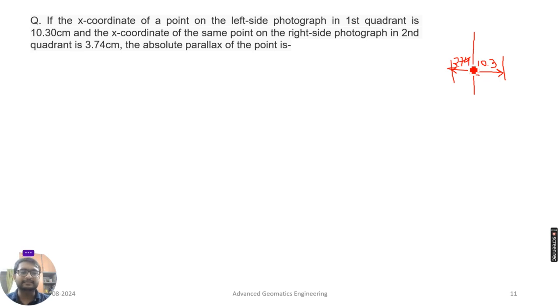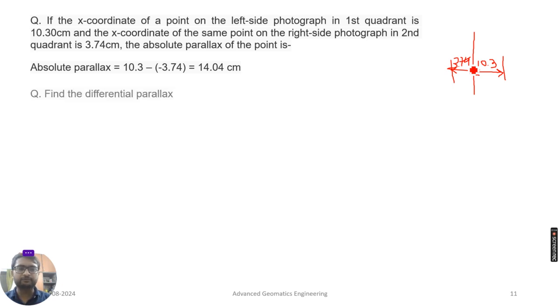Exactly. So it's a summation of these two, 10.3 plus 3.74, which becomes 14.04. This is how to calculate the absolute parallax, or the change in position which happens when we are viewing from two different directions.